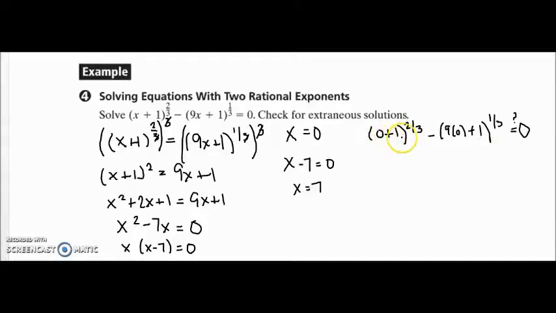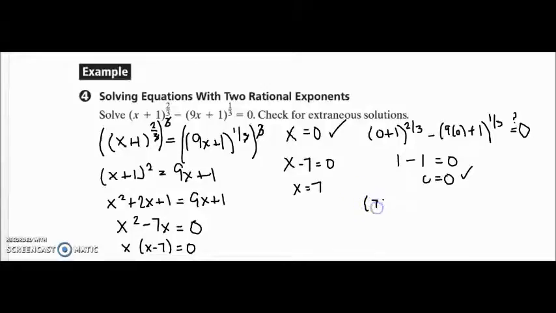Well, 0 plus 1 is just 1. 1 to any power is 1. And then on this side, 9 times 0 is 0. So this ends up being 1 inside of here, and 1 to the 1/3 power, that's just 1. So 1 minus 1 is indeed 0. So it is a solution.